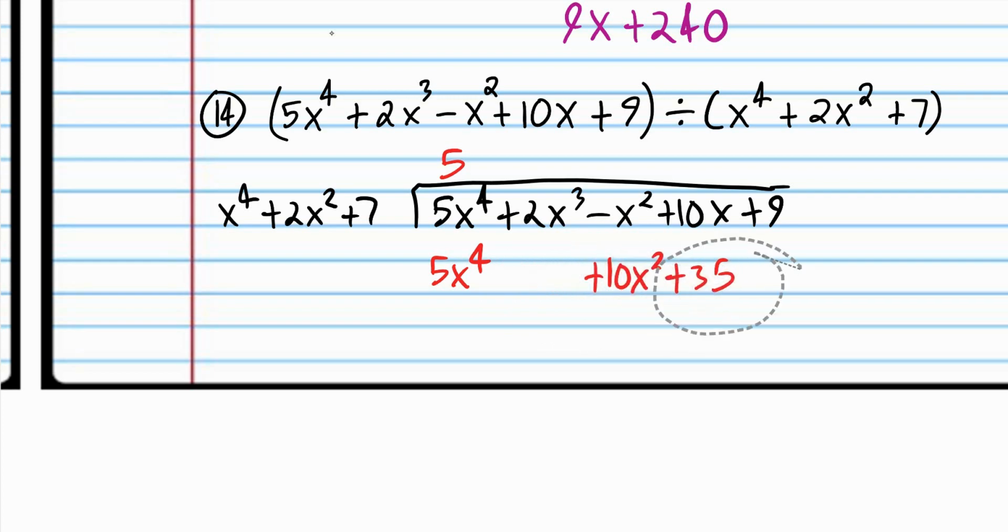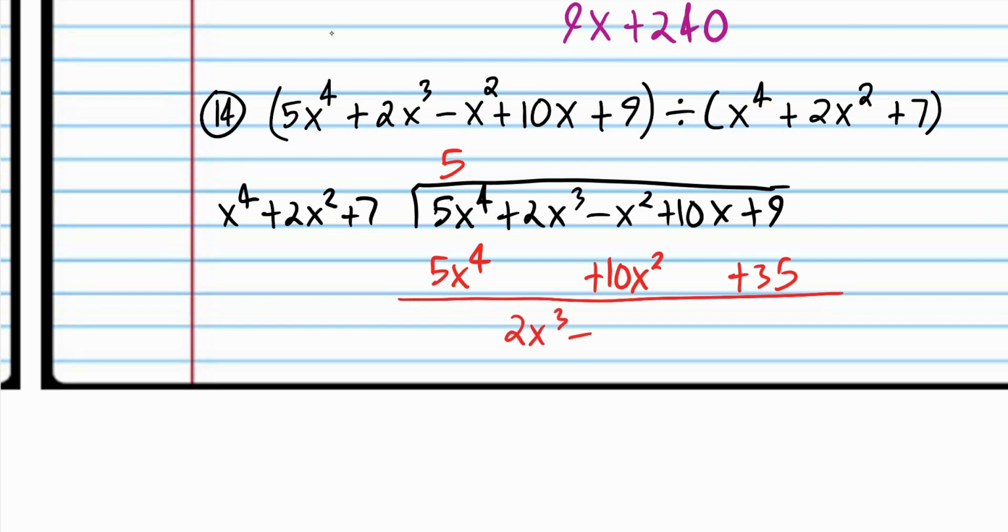I have to move that term over also. And now we're ready to subtract. So we get 2x cubed and negative 11x squared and 10x. And 9 minus 35 is negative 26.